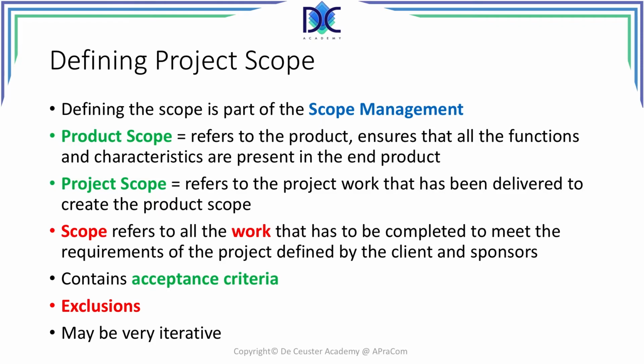The scope has to contain the acceptance criteria, and it has to define the exclusions, what is not included in the scope. The definition of the project scope or the scope in general may be very iterative depending on the type of project management environment we are working in.